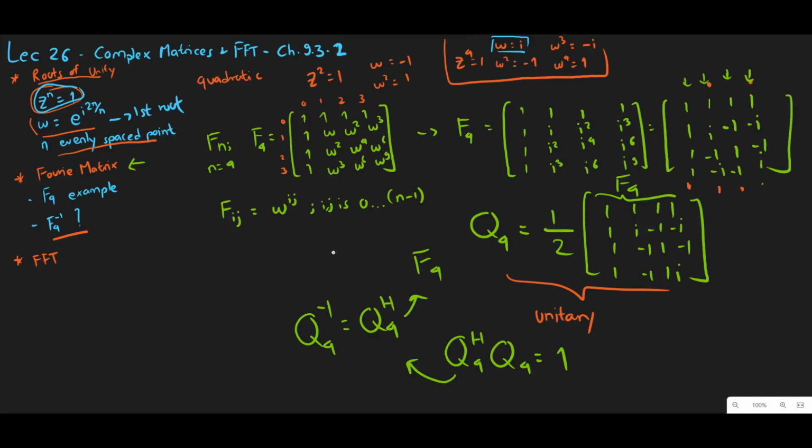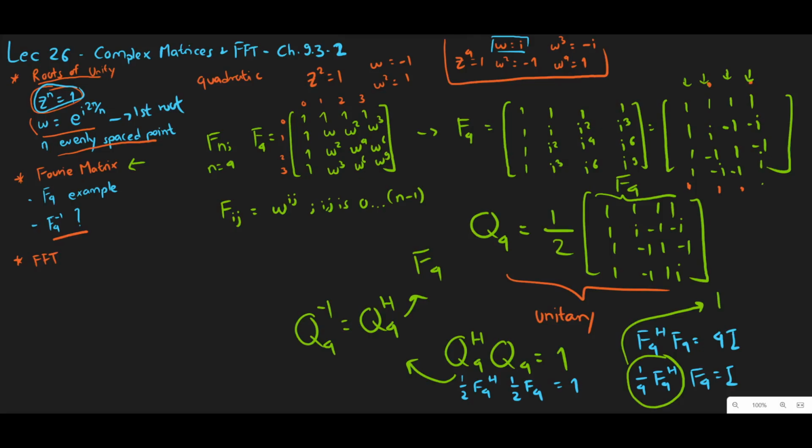This is also equal to one half of F4 Hermitian times one half of F4, because one half of F4 Hermitian times one half of F4 equals I. So we have F4 Hermitian F4 is equal to 4I, and we can change it to one quarter F4 Hermitian times F4 is I, and we're interested in this matrix, and this will be our F4 inverse, which is one quarter of F4 Hermitian.